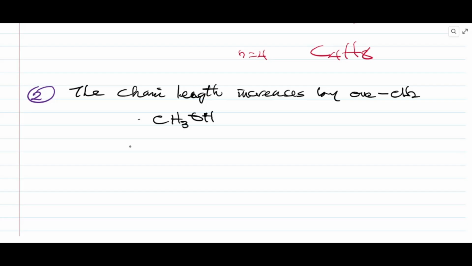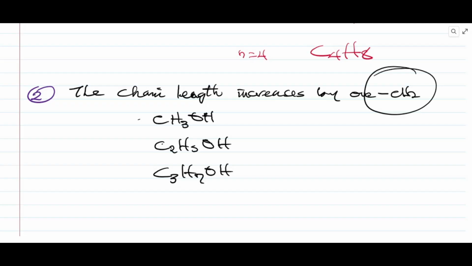The second family member is C2H5OH. The third family member is C3H7OH. We said the chain length increases by one CH2 unit. So what do we mean by that?